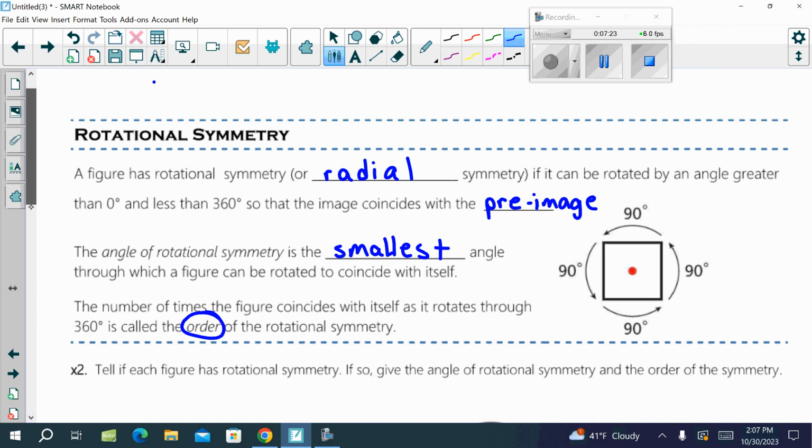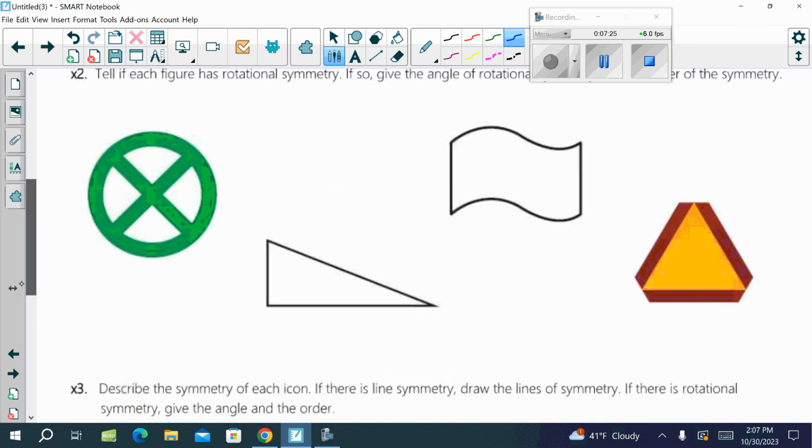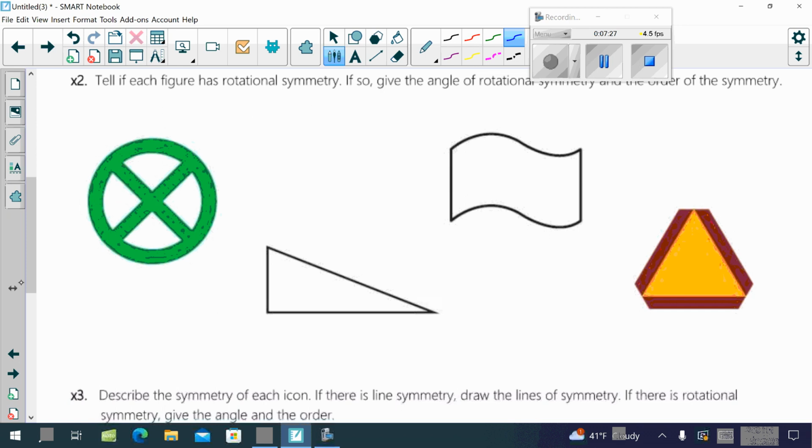All right. So we got some different figures here. It says, tell if each figure has rotational symmetry. If so, give the angle of rotation of symmetry and the order of symmetry. So this green X, does it have rotation? Can it rotate less than 360 and look identical? Yes. How many times does it rotate? 4. It rotates and looks the same 4 times, right?